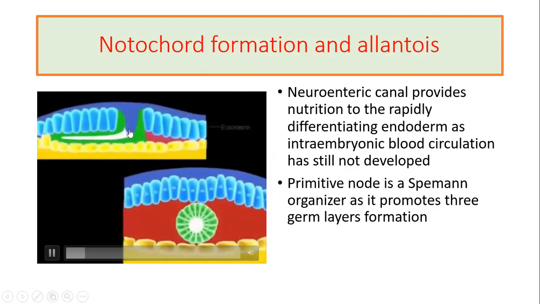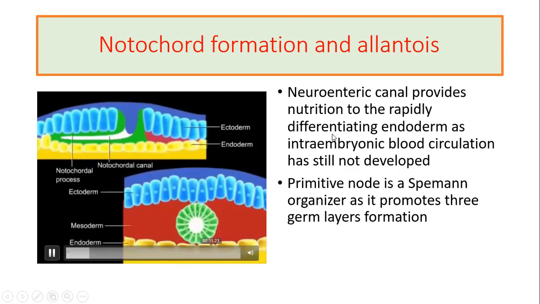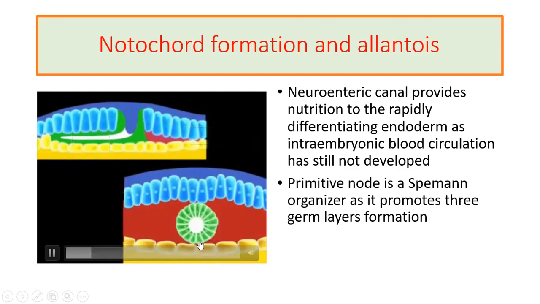The primitive pit extends inside the substance of this notochordal process as a notochordal canal, right? Now this notochordal canal has divided the notochordal process into an upper and a lower part. This lower part will incorporate into the underlying definitive endoderm, right? So now there will be formation of a notochordal plate.